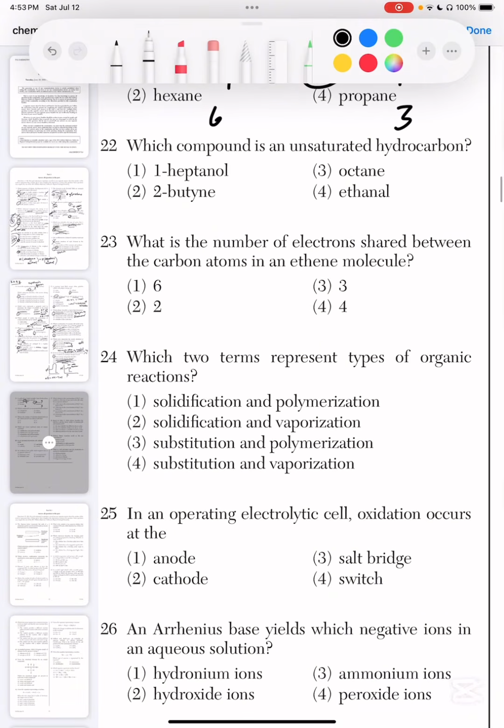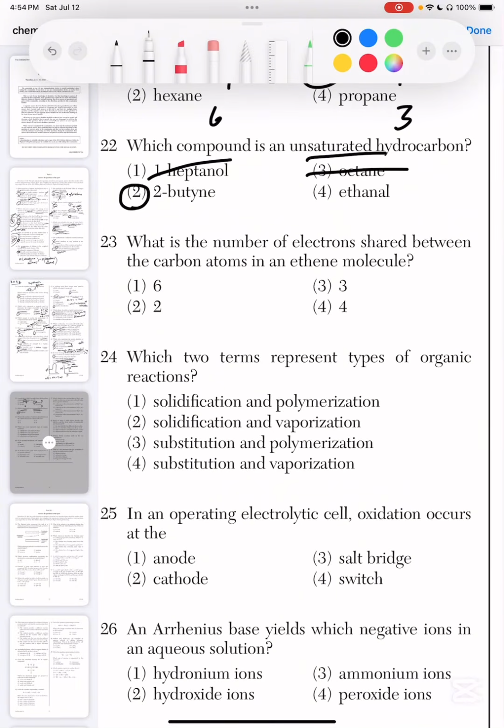22. Which compound is unsaturated? Okay, so just based off of unsaturated, we know that this can't be an alkane, so it can't be octane. And out of the other ones, we can determine which one is the unsaturated hydrocarbon, because butane is the only other hydrocarbon other than octane, but that's saturated because it's an alkane and not an alkene or an alkyne.